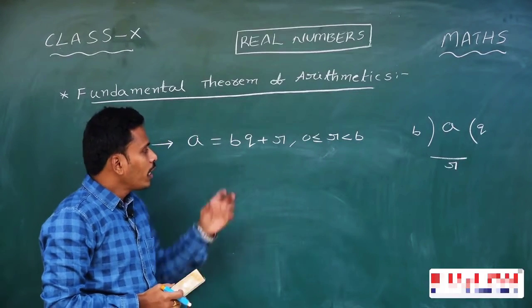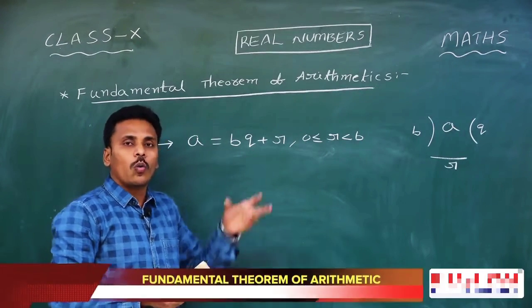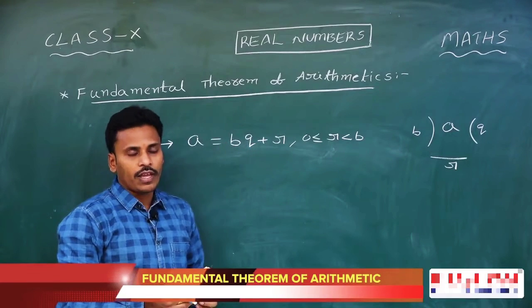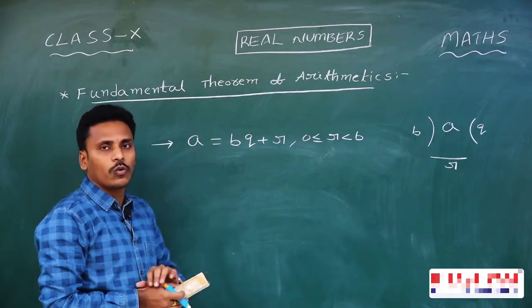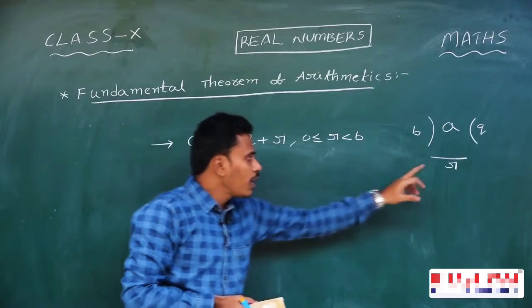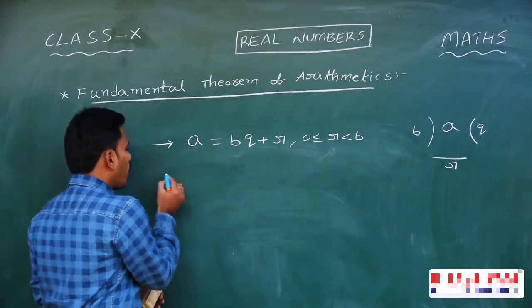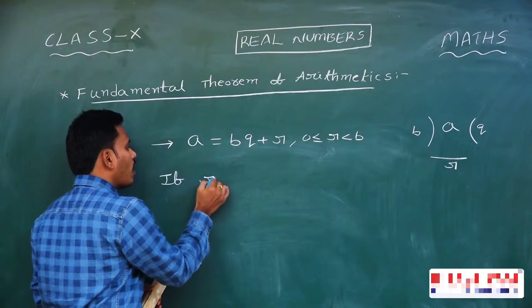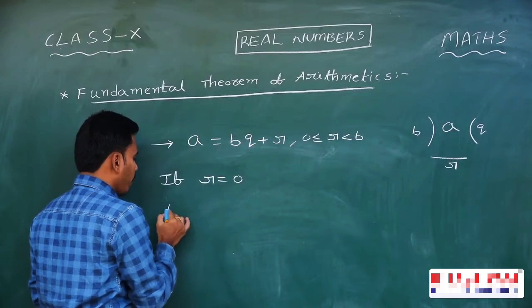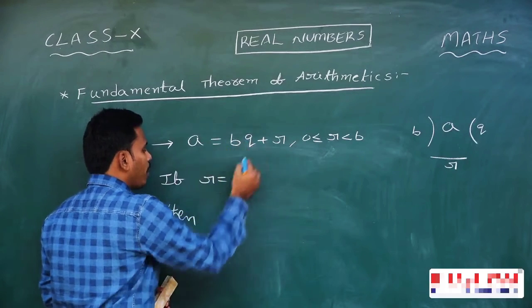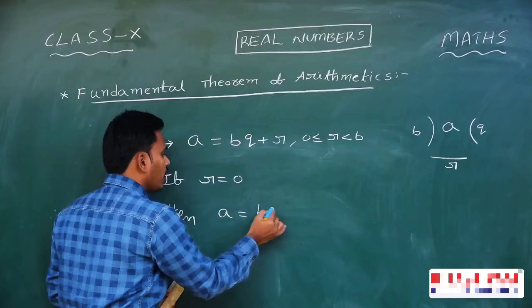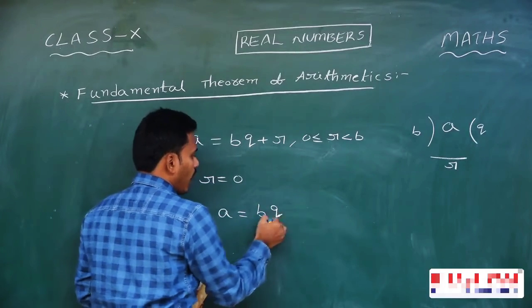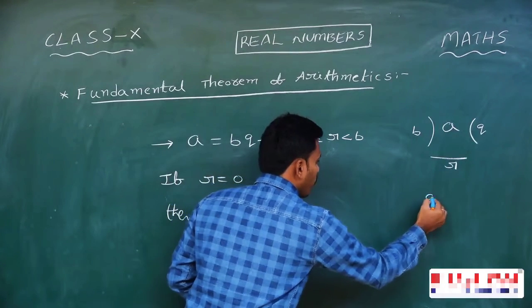And now, if r is equal to 0, what will happen in this statement? Have a look at this. If the remainder is equal to 0, then Euclid's division lemma statement will become a is equal to bq, and this long division process will become like this.